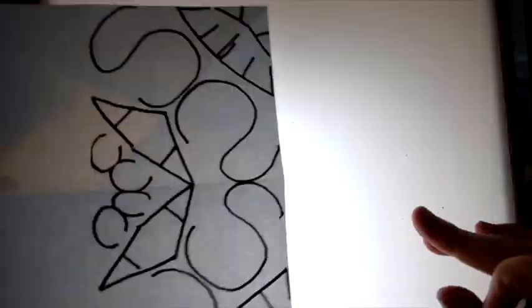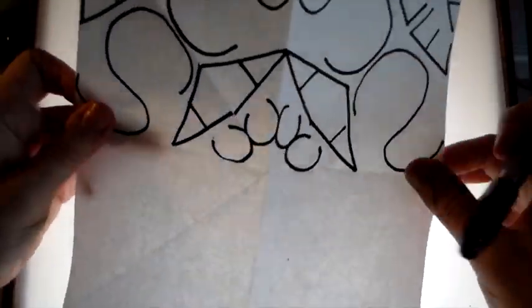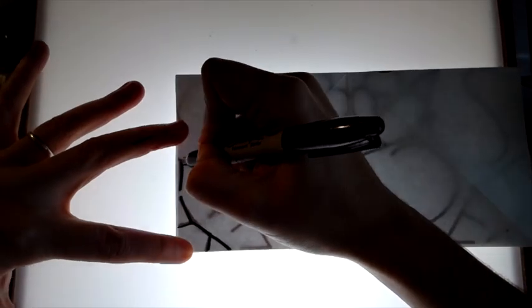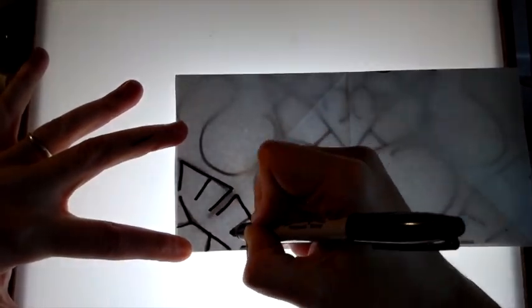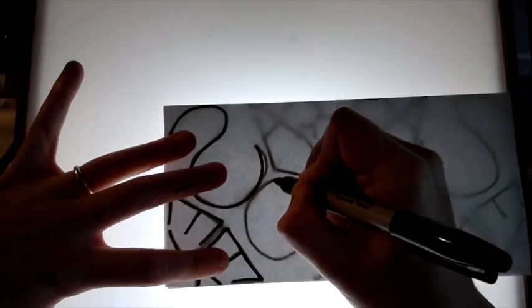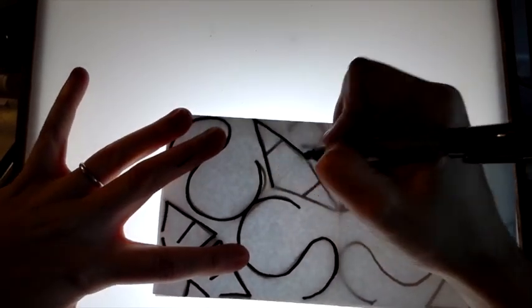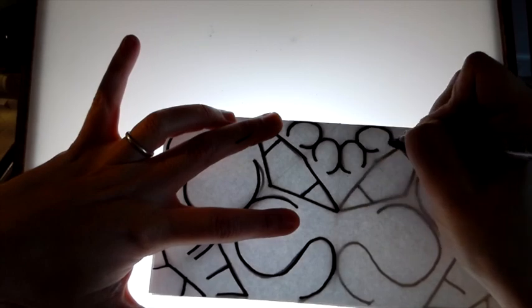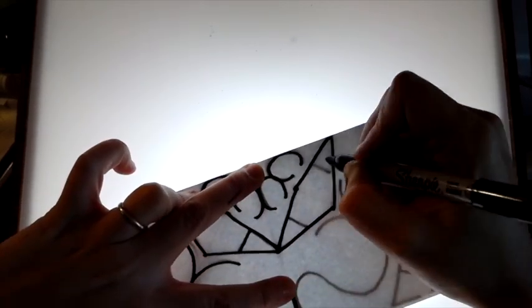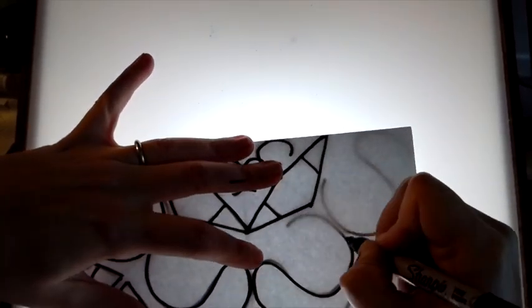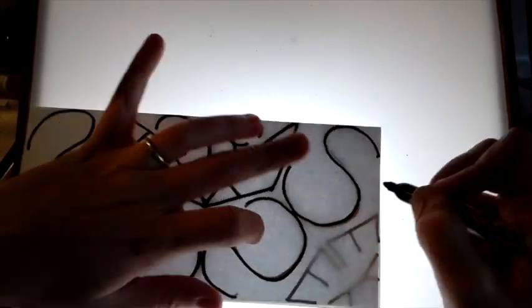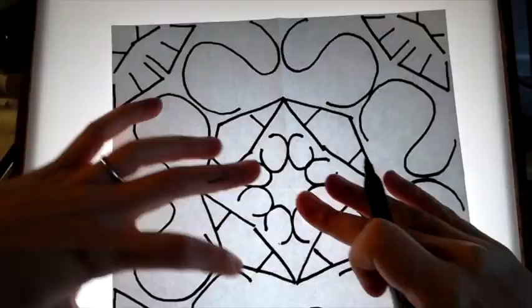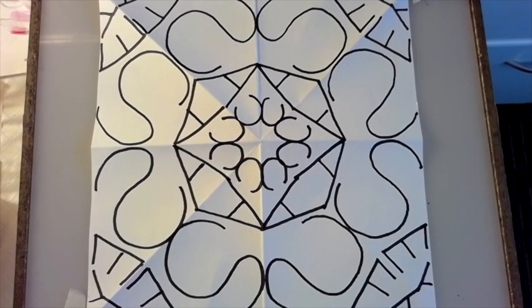And then once that's done, you're going to fold it in half one more time, and this time you can trace that whole half all at once. Then you can add some color.